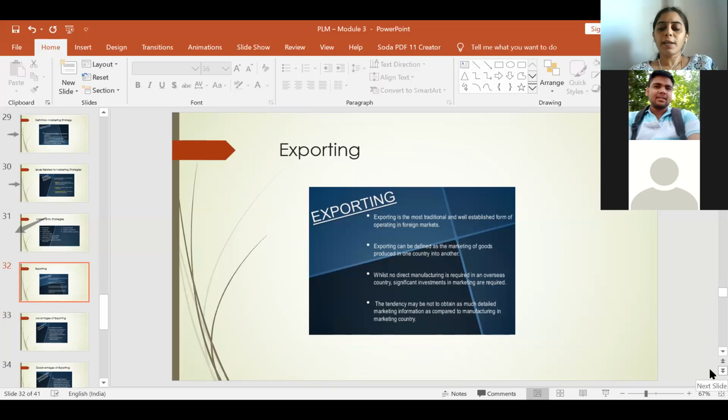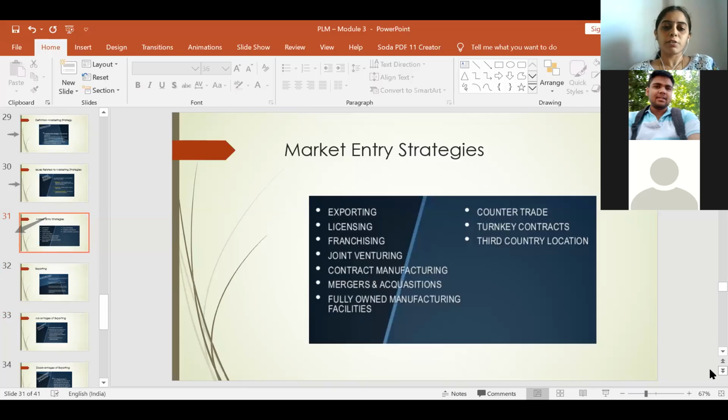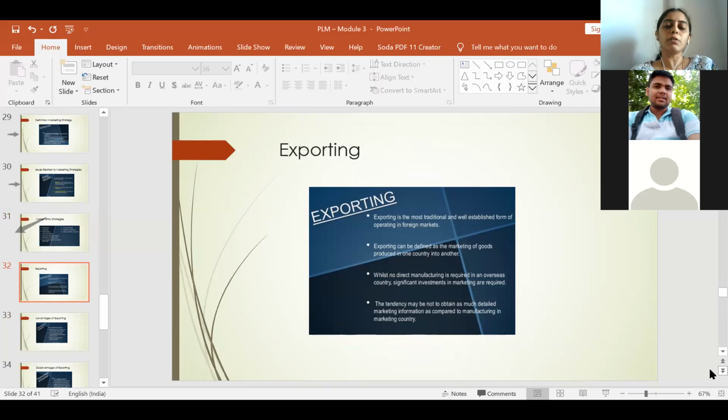So now we were dealing with the marketing entry strategies. Then, specifically related to exporting, what are the things done? Exporting is the most traditional and well established form of operating in a foreign market. So you can grab the foreign market easily through exporting rather than importing.